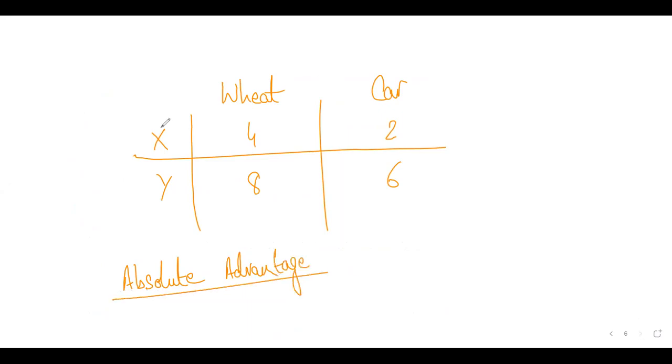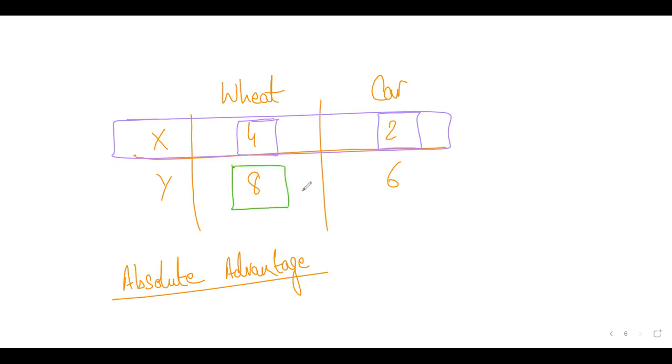Now, if you look at country X, it can produce both the goods with lower inputs. So it can produce wheat with just 4 inputs and can produce a car with just 2 inputs. Whereas country Y needs more, because these are units of input. This is not the quantity that you're producing. Abdul, did you get it?